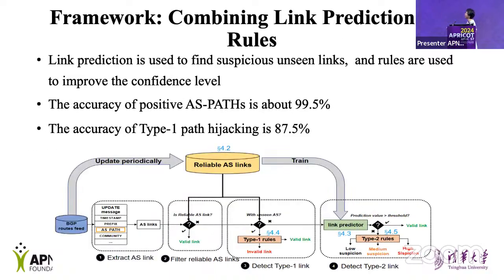Here is the framework of the hijacking detection system. Here, we get the paths, and then we get the AS links, and then check if it's a reliable AS link or an unseen AS link.